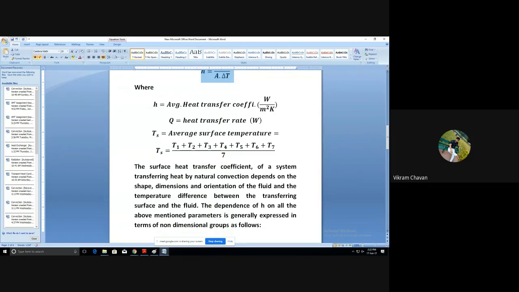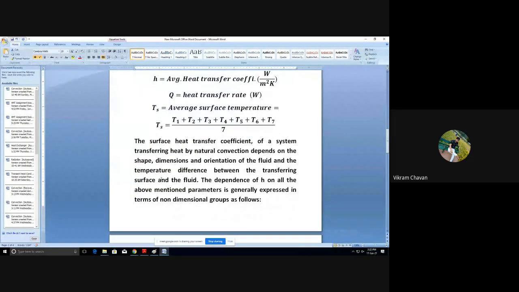Because of that, calculating the heat transfer coefficient by using Newton's law of cooling is, one can say, a wrong method, or it will not provide accurate results. So for that reason, we have to go for dimensionless numbers.